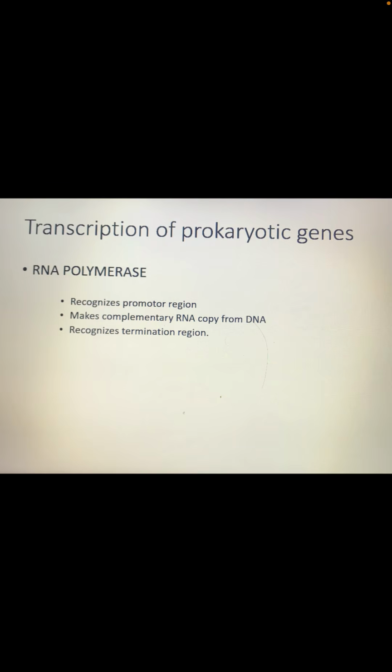So the initiation machinery in RNA synthesis is RNA polymerase. So this RNA polymerase goes and recognizes promoter recognition sites. So you can say that this RNA polymerase is specific for promoter recognition.